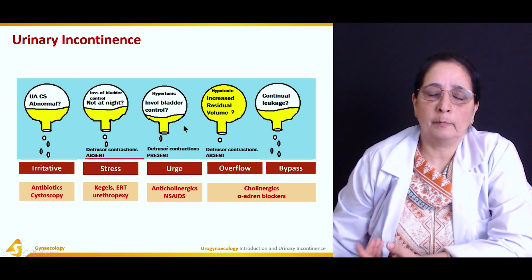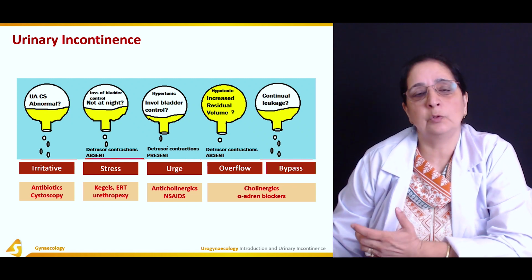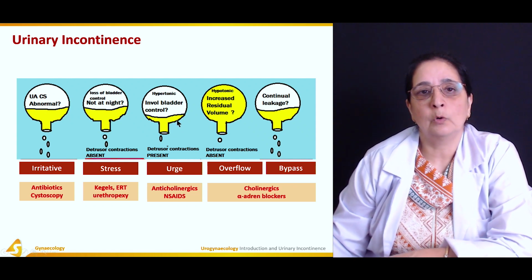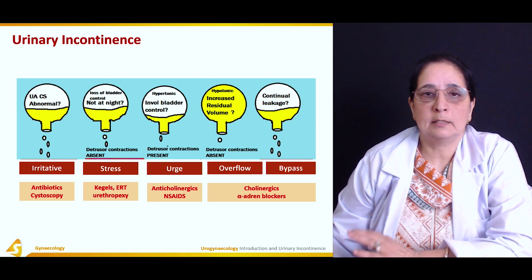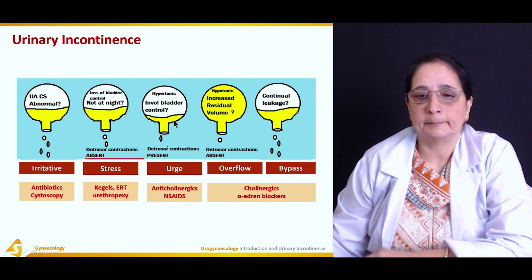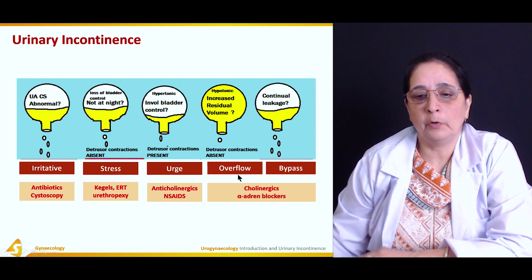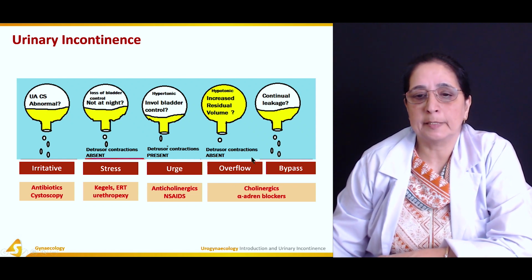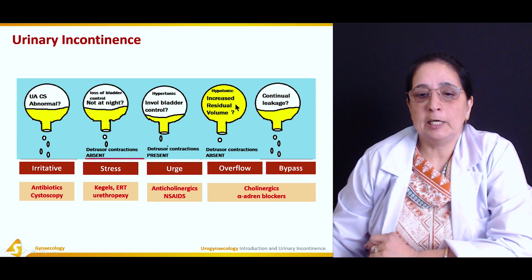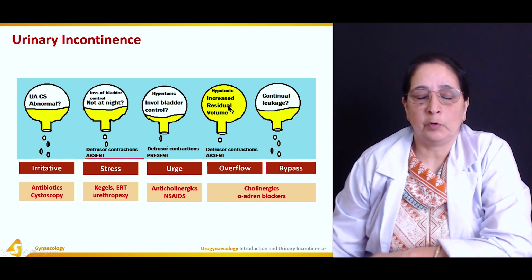In some cases, there is an obstruction to the urethral outflow, and once the bladder is too full, then there is a strong urge to urinate. In overflow incontinence, detrusor contraction is absent and there is increased residual volume of urine.